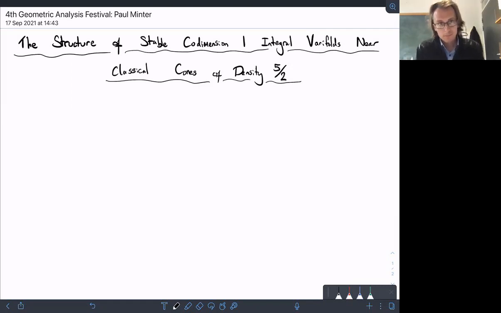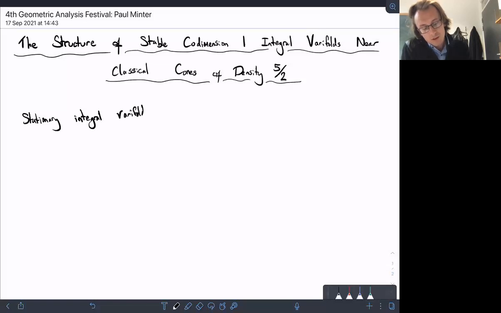So yes, in regularity for minimal surface theory, we want to study objects known as stationary integral varifolds. So a stationary integral varifold is essentially a weak form of a minimal surface, which, just like with Sobolev spaces for PDE theory, we have to work in a suitable generalized class of functions or surfaces so that we have suitable compactness properties as we want to be able to take limits and things.